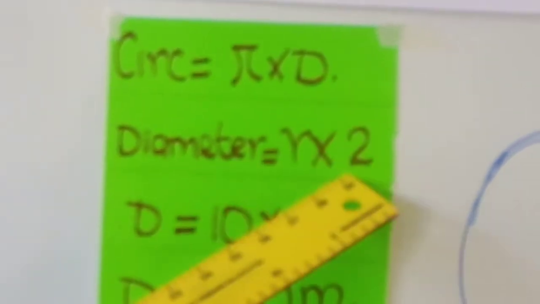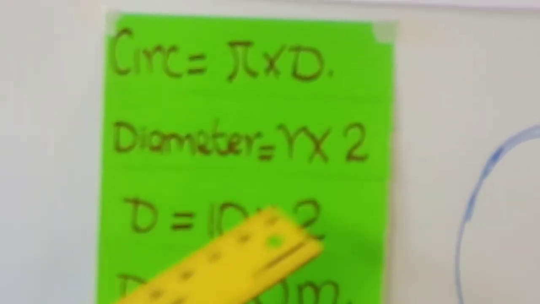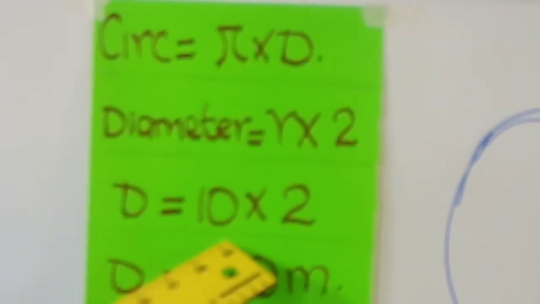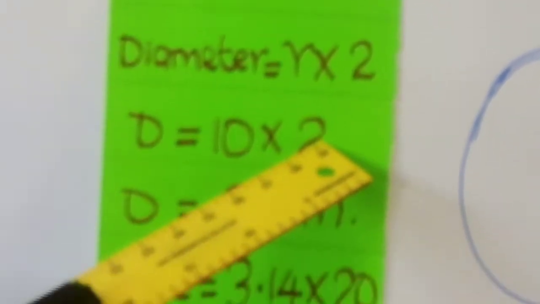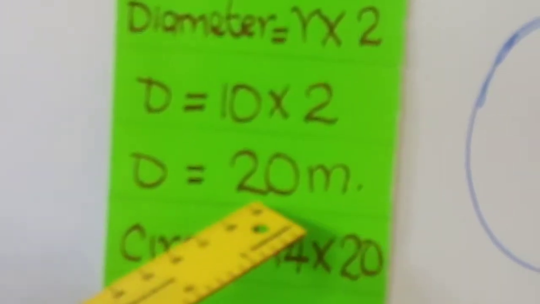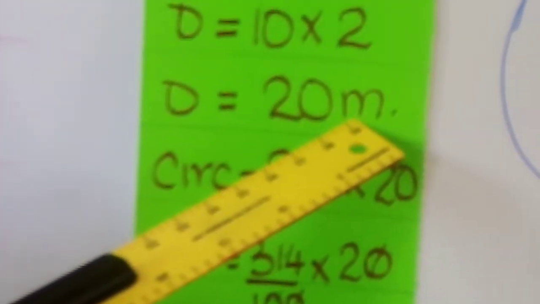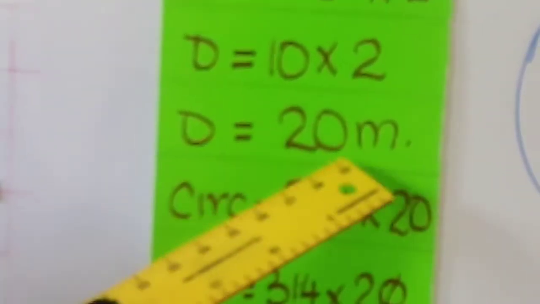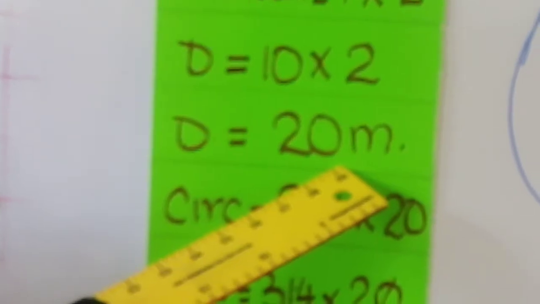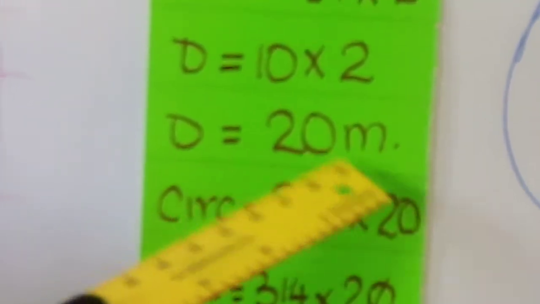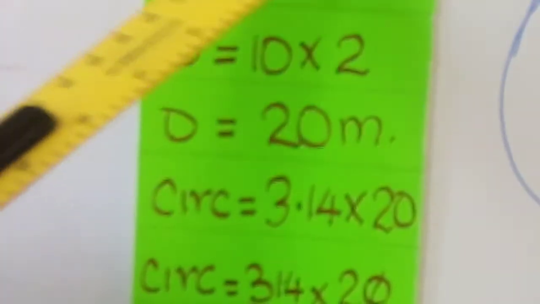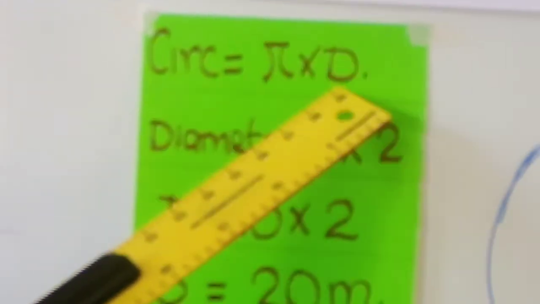The radius is 10 meters, so we multiply by 2 to get the diameter, that is 20 meters. Now that we have the diameter as 20 meters, we can use pi multiplied by diameter.